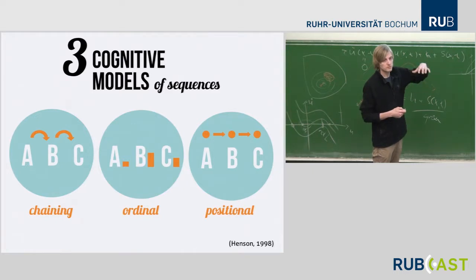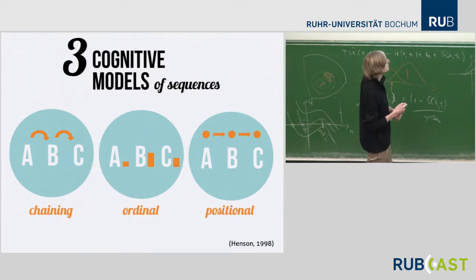And then you have some sort of maximum, a winner-take-all mechanism that looks at all of these values, takes the one with the maximum, and then executes this action. So if I wanted to do a different sequence here, I would just have to change the values, and you can pretty much do that online. And then this winner-take-all mechanism would choose another one. This is called the ordinal approach.